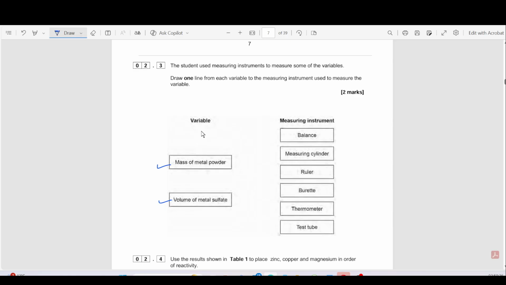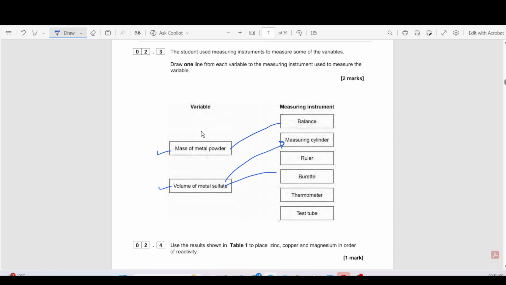For measuring the mass of metal powder, we use a balance. And volume is measured by a burette or a measuring cylinder. We can say measuring cylinder.